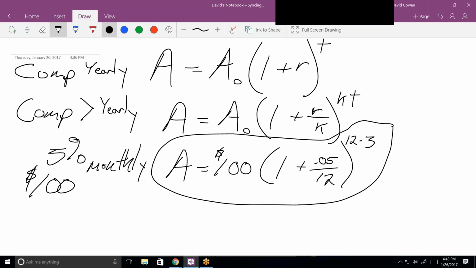That's the hard part to remember, because that seems like such an enormous exponent. And it is. But notice that I'm taking a very small number to an enormous exponent. 0.05 divided by 12 added to 1 gives you a pretty tiny number. It's just barely bigger than 1.